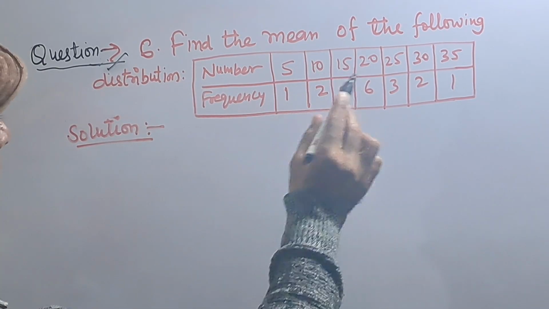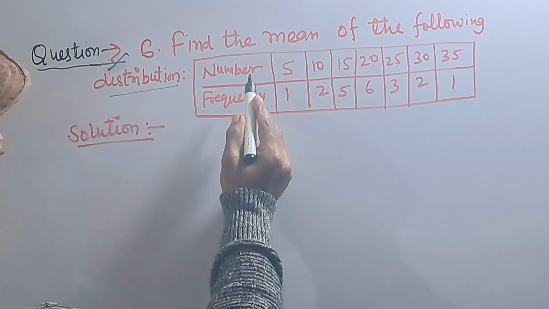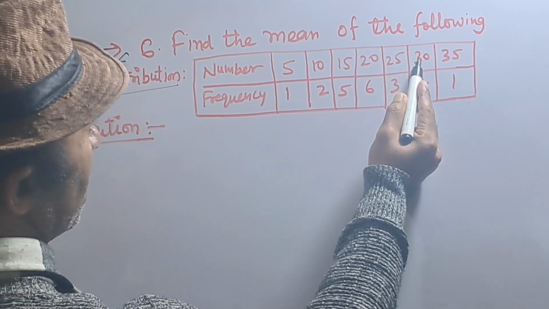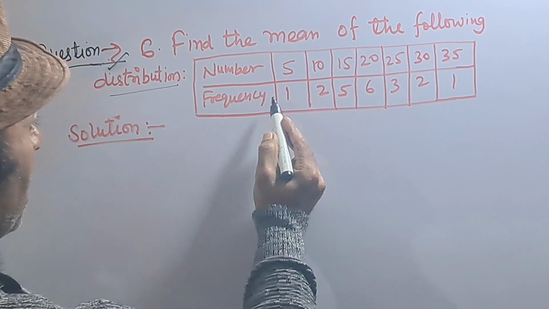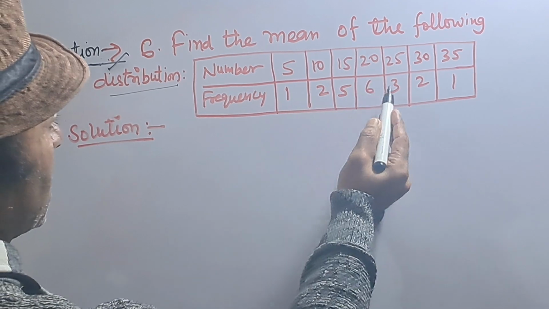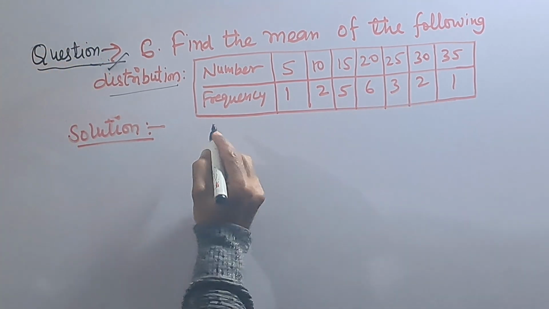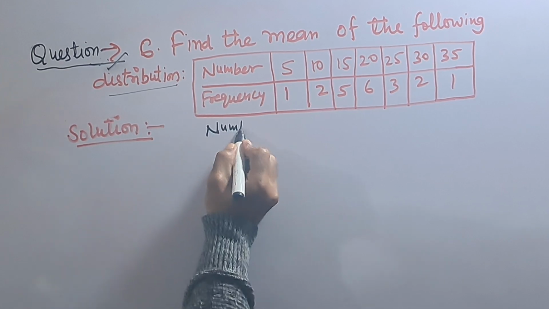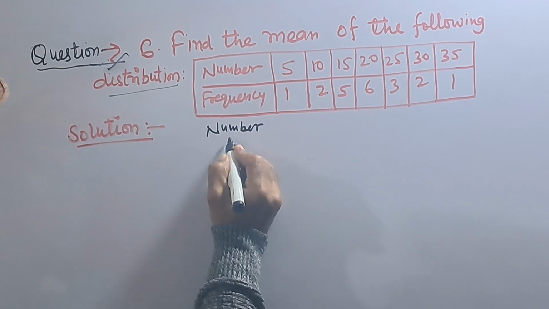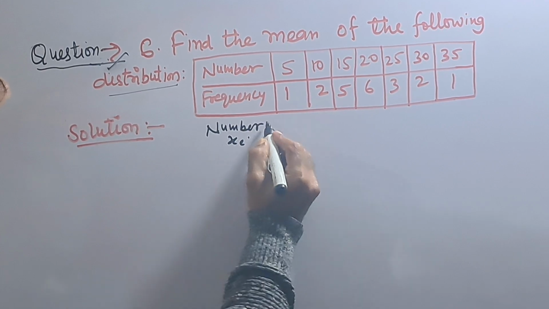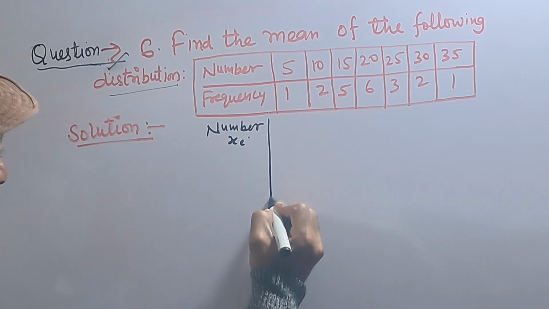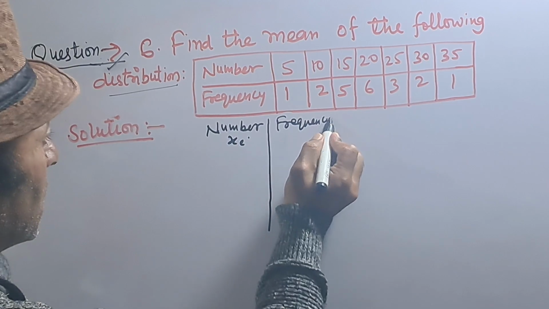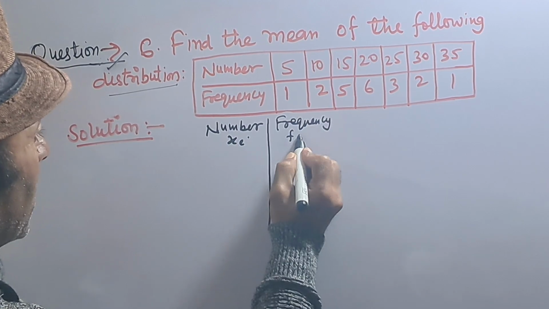Question number 6. Find the mean of the following distribution. Number is equal to 5, 10, 15, 20, 25, 30, 35 and frequency equal to 1, 2, 5, 6, 3, 2, 1. Solution. Number, that is xi, frequency fi.